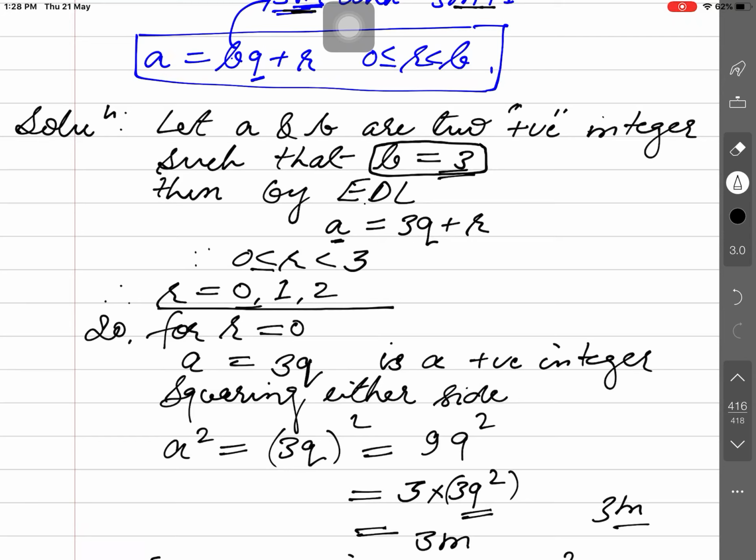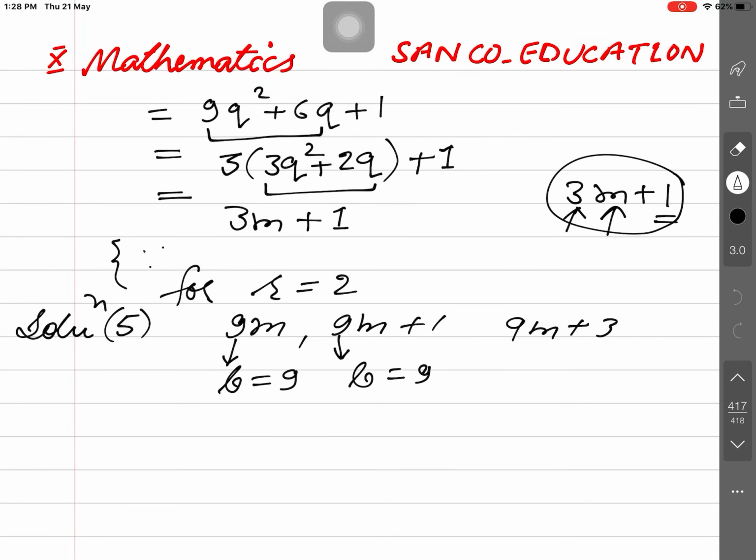So our task is not to prove it for the positive integer. Our task is to prove it for the cube of a positive integer. After doing the cube, tell me what number on cubing can give you 9. According to the fundamental theorem of arithmetic, suppose we have 2; if I do the square, what will come here? 4, that is 2 times 2.